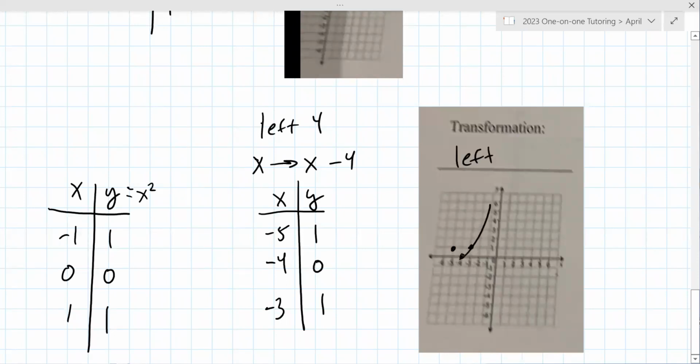Does it look something like that? It's still the same shape. You're just moving it left, you're not changing its shape. Are you ready to do the next transformation?